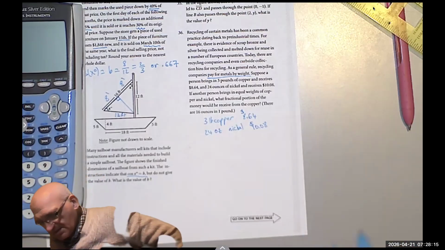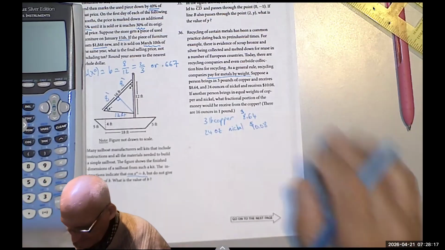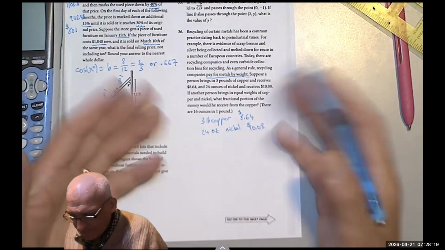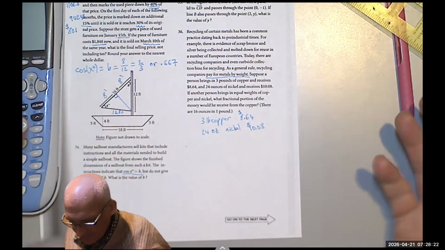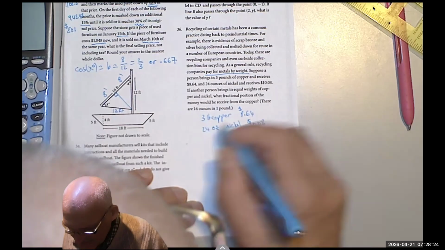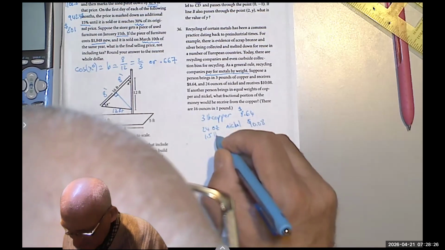And there are 16 ounces in a pound. You can get the price per ounce or per pound. Well, 24 over 16 is 1.5. This is 1.5 pounds.